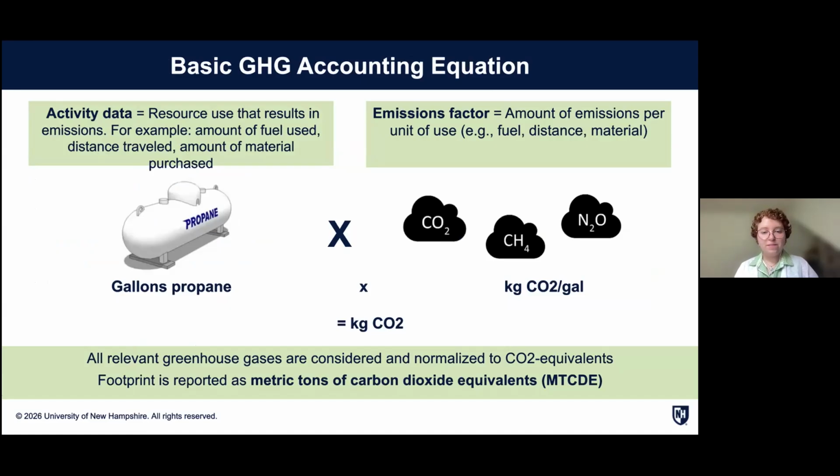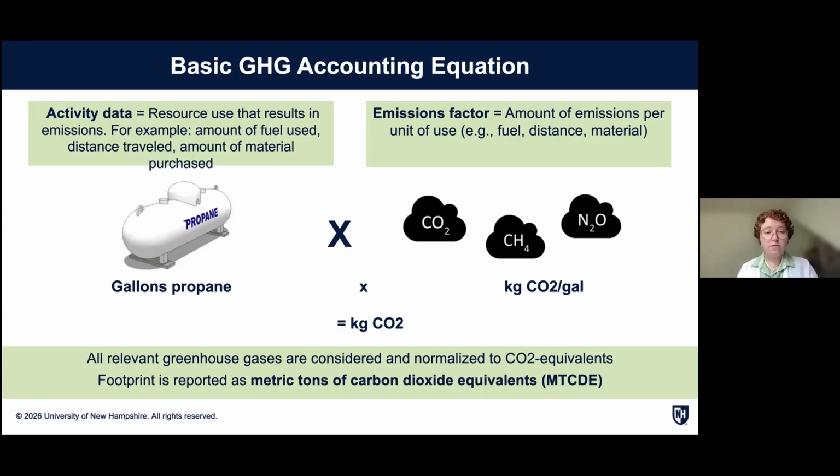Great. So it sounds like you have some familiarity with carbon footprinting already, but then also you're new. So I'm going to dive into some of the basics before going into more detail about scope 3. As Jen mentioned when she was talking about the tools, the basic greenhouse gas accounting equation starts with your activity data, which is the resource use that results in emissions.